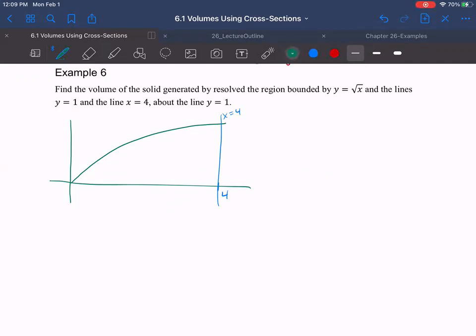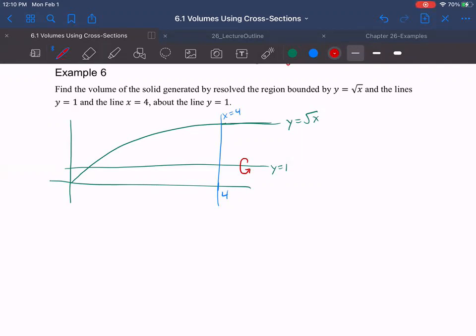So we can put in y equals 1 like this, and this one is y equals square root of x. This is what we want, and we want it revolved about the line y equals 1. So we're not revolving it around the x-axis. We're revolving it around y equals 1 like that.